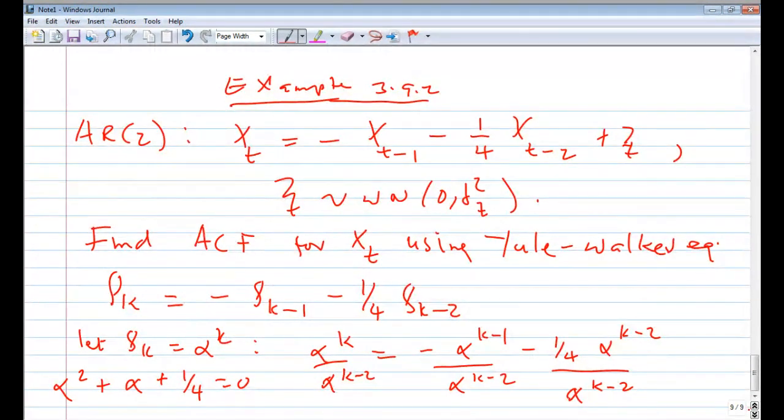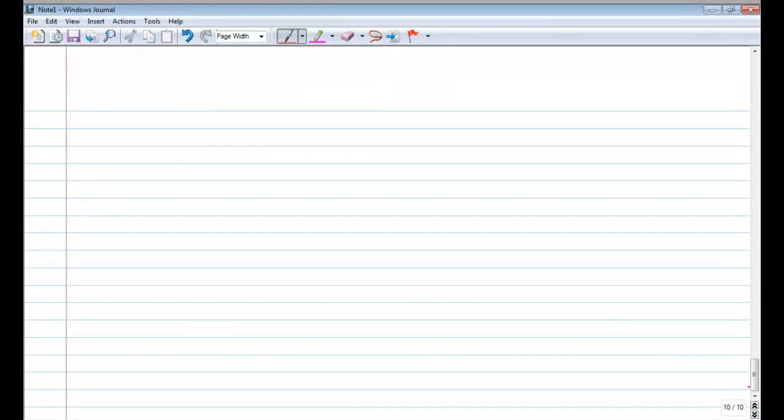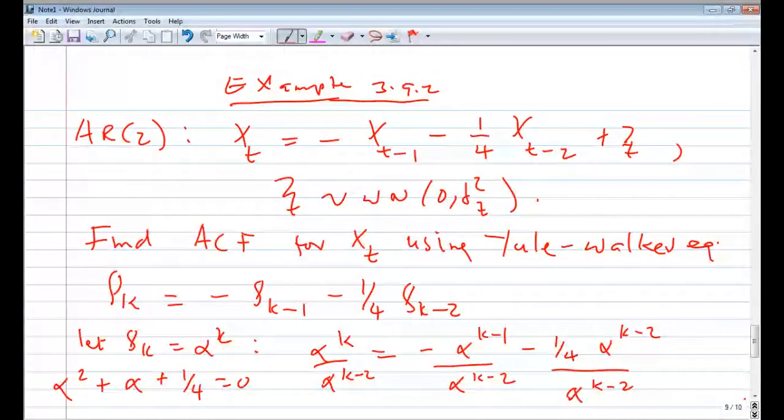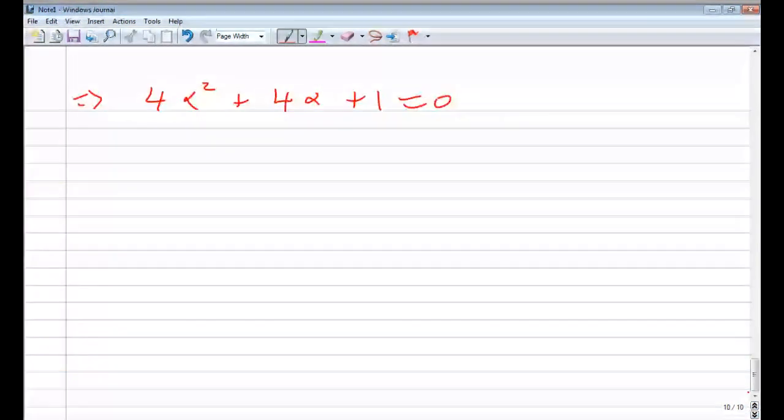Can I go to another page? 4 alpha squared plus 4 alpha plus 1 equal to 0, isn't it? Yes. Okay. Then you find the roots or the factors.